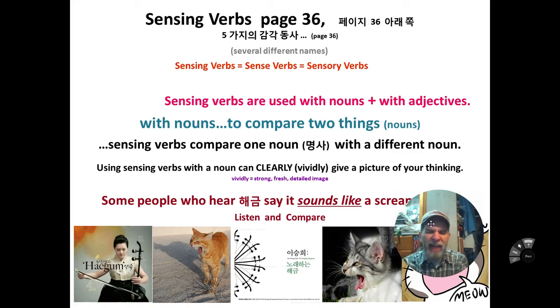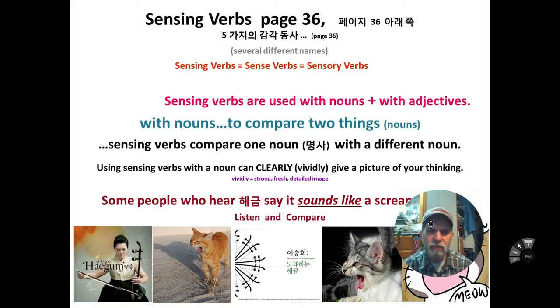Sensing verbs compare one noun with a different noun, but it helps to give a clear, okay, in the book, in the black.